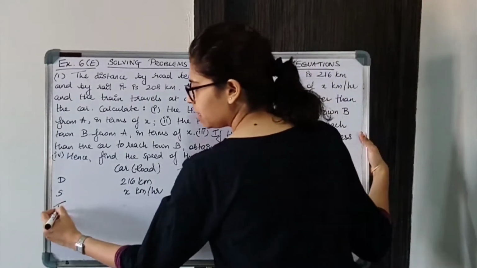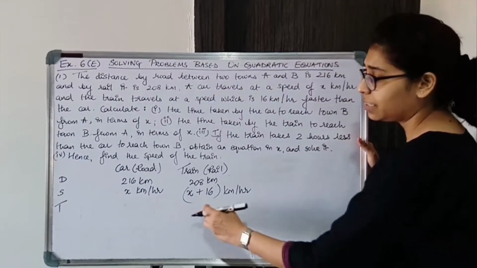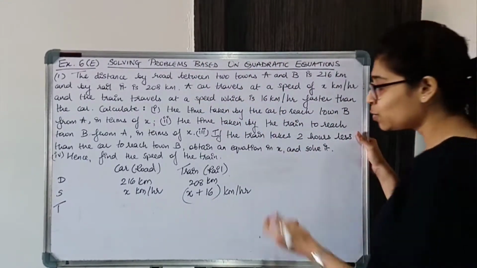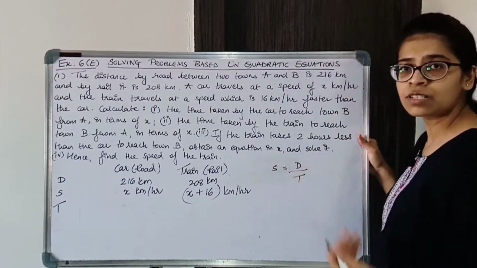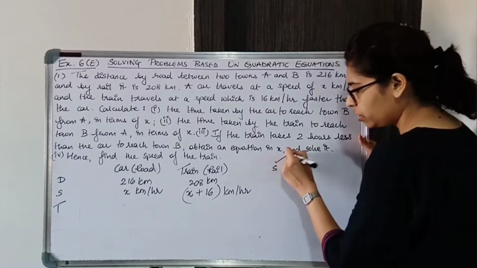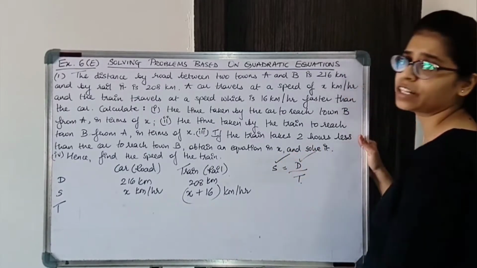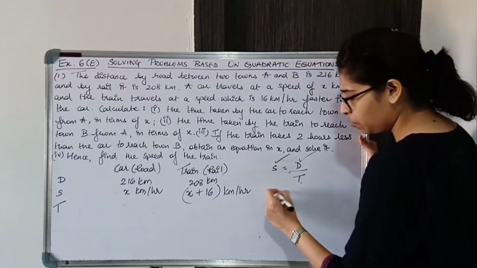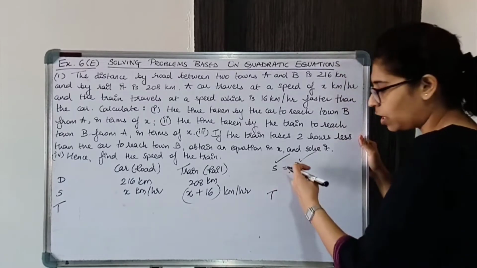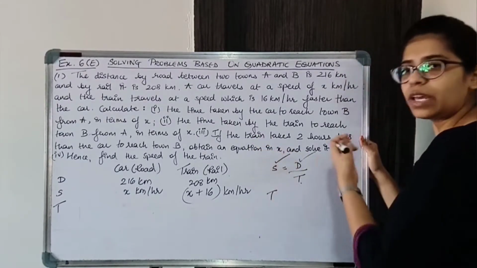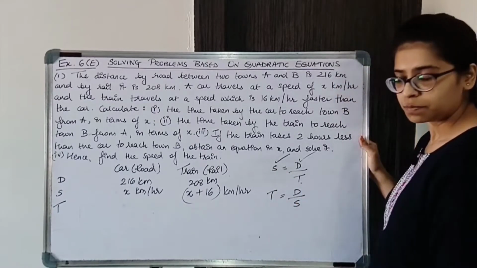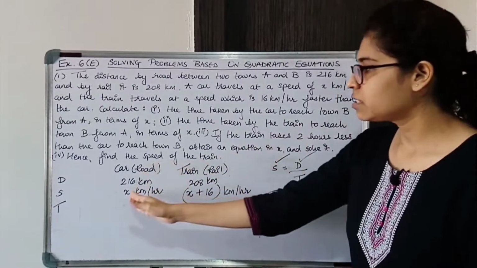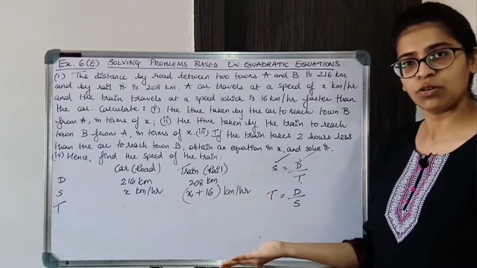We can easily find out the time taken by the car and the time taken by the train using the formula speed is equal to distance upon time. We know this, we can easily find out time. Shift time to the other side. Time is not known, so shift the unknown and bring the knowns to one place. Now we know the distance and speed over here, we know the distance and speed over here.